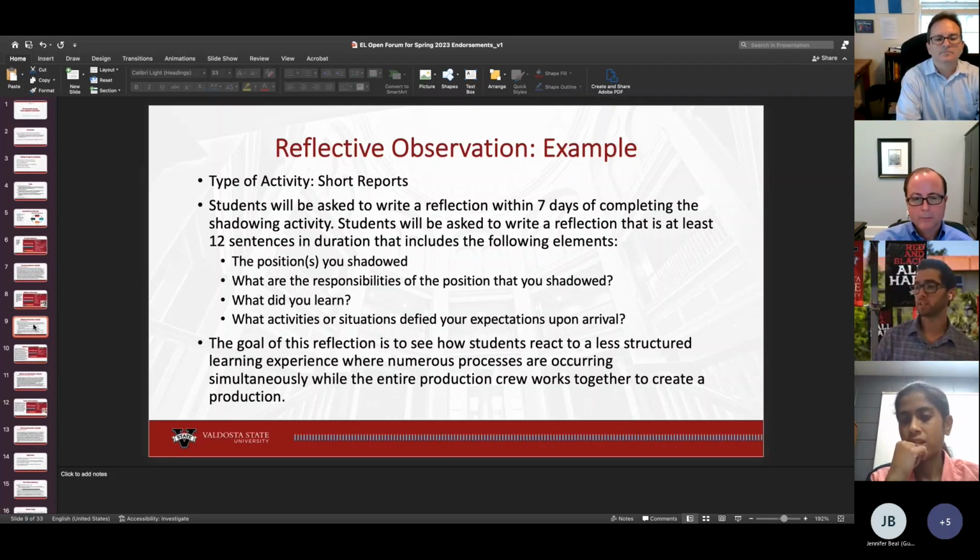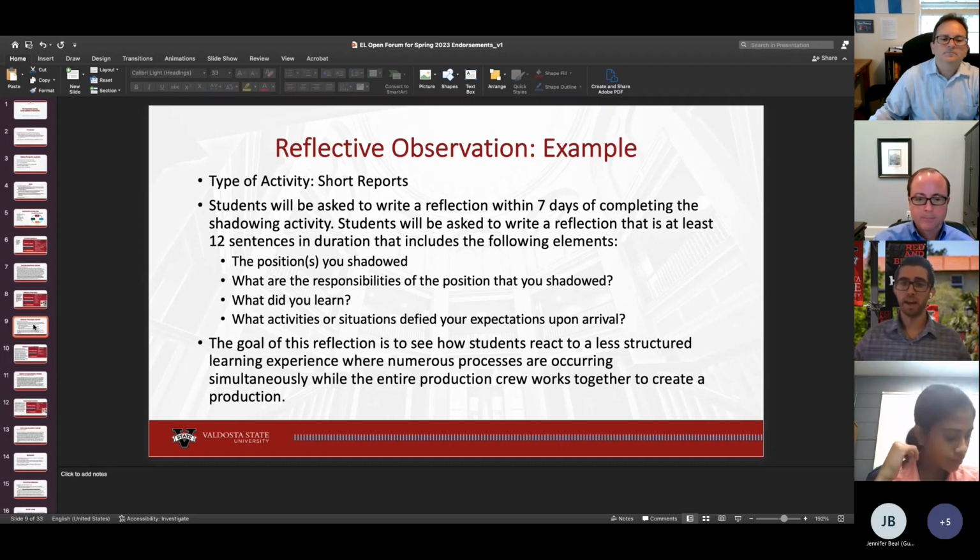The goal of this reflection is to see how the students react to a less structured learning experience, where it's not someone lecturing to them for an hour or so. They have to figure out what is going on around them at a given point in time.